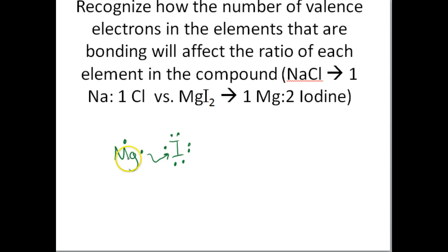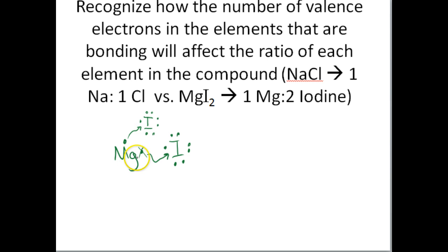But magnesium still isn't happy because it's gotten rid of one of its two valence electrons, but it still has one more to go, and it's going to look to give it up to another iodine atom.